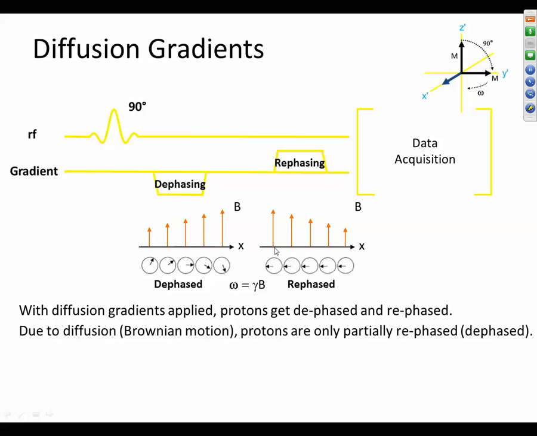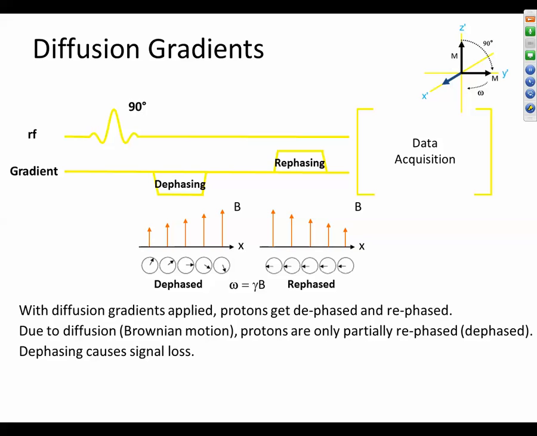However, due to the diffusion, that's the Brownian motion, those small protons don't stay there forever. So at this time they stay here, and later on they may stay here. If the second time it's static, then they can reface. But if they move, then it's just partially refaced. It's not totally refaced.